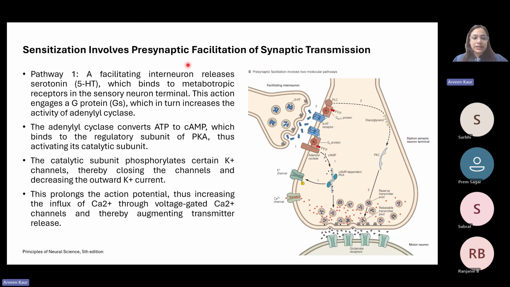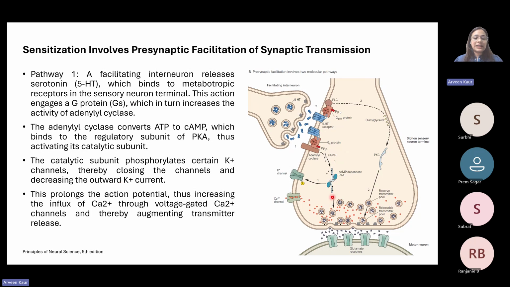The first one: a facilitating interneuron releases serotonin, or 5-HT, which is the technical name for serotonin, which binds to metabotropic receptors in the sensory neuron terminal. This action engages the G proteins, which in turn increase activity of adenylyl cyclase over here. Adenylyl cyclase converts ATP to cyclic AMP, which binds to the regulatory subunit of PKA, thus activating its catalytic subunit.